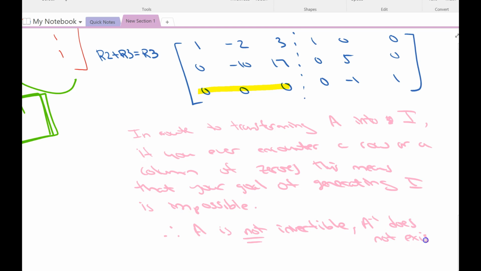We'll talk a whole lot more about what it means for a matrix's inverse to not exist. One of the things you saw in a 2x2 world is that if the determinant of a 2x2 equals 0, that means that 2x2 is not invertible. The same thing is true here.